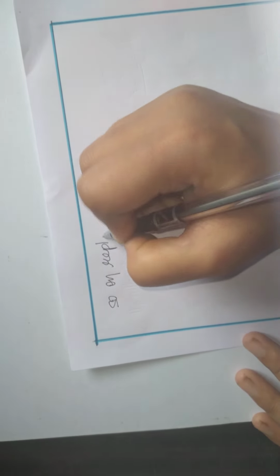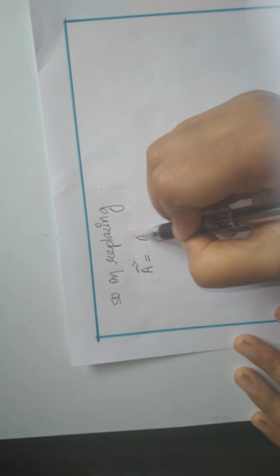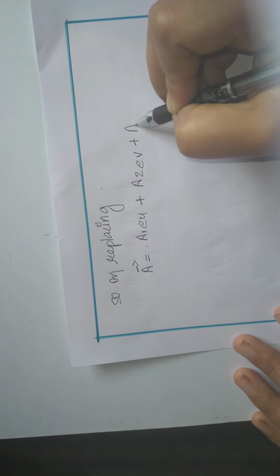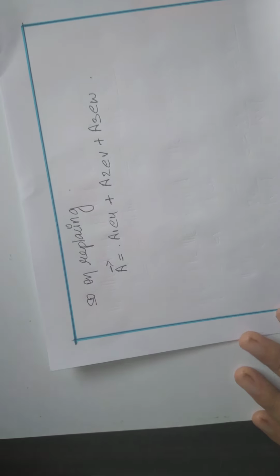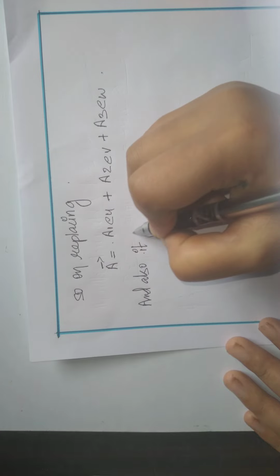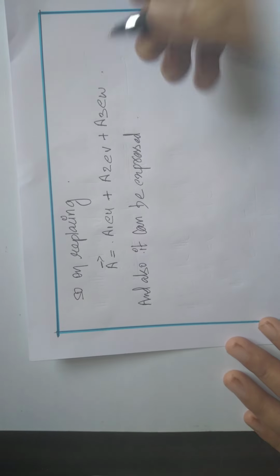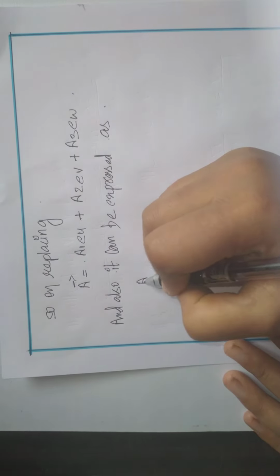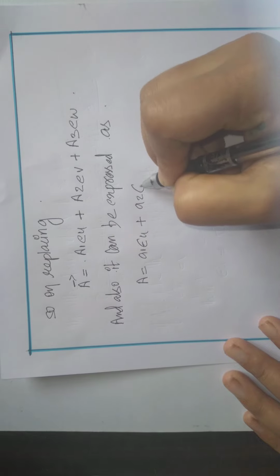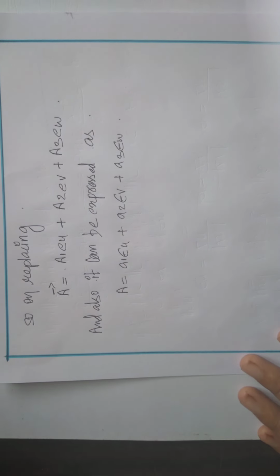On replacing, we get A equals A1 EU plus A2 EV plus A3 EW. So this is it for orthogonal curvilinear coordinates.